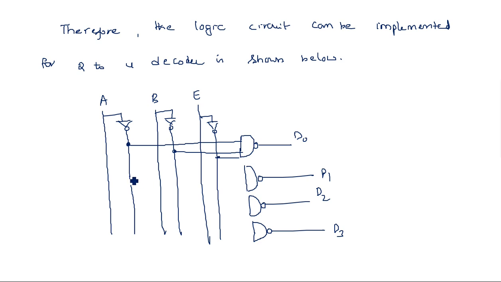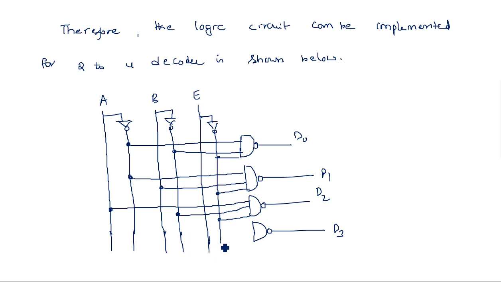So for D1: A bar, B, and it is E bar only. And again for D2: A, B bar and E bar. And here for D3: A, B and it is E bar.